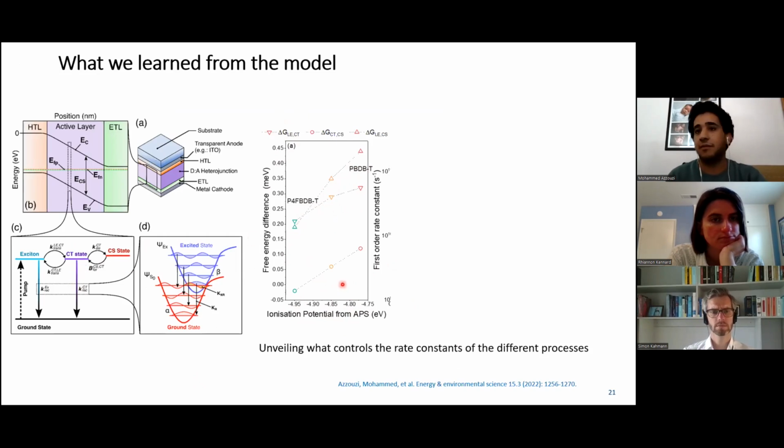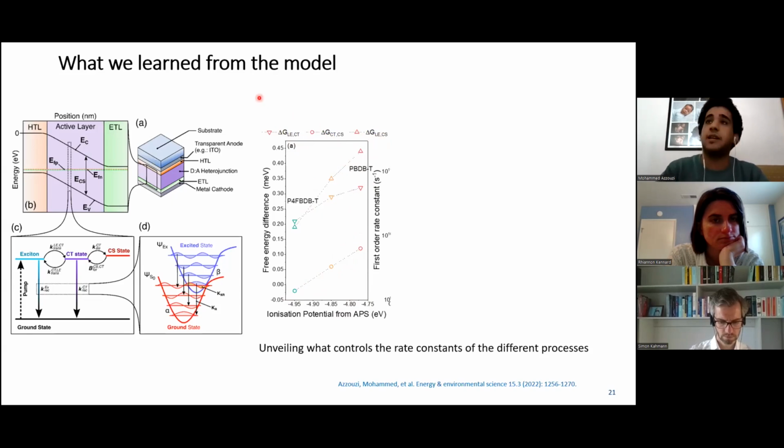Here we found that not only is the offset between LE and CT affected by the ionization potential, but also the difference in energy between the CS and CT state. And obviously that will affect the difference in energy between the LE and CS state.